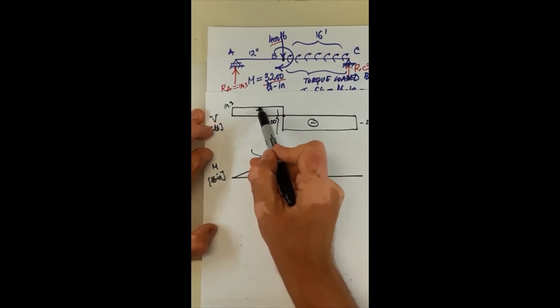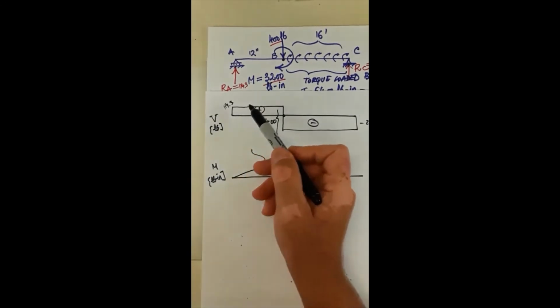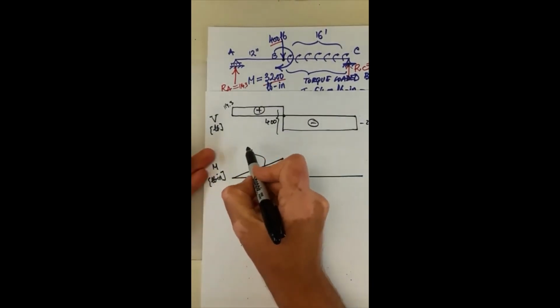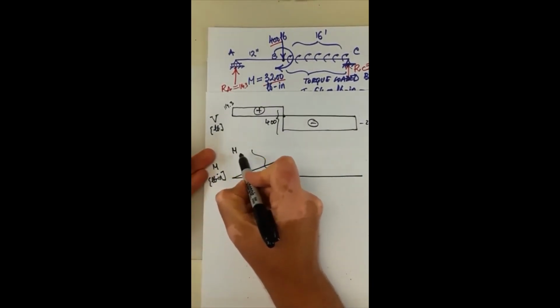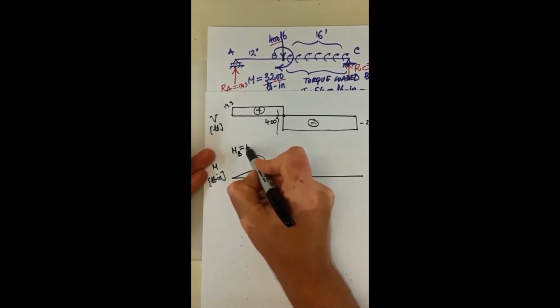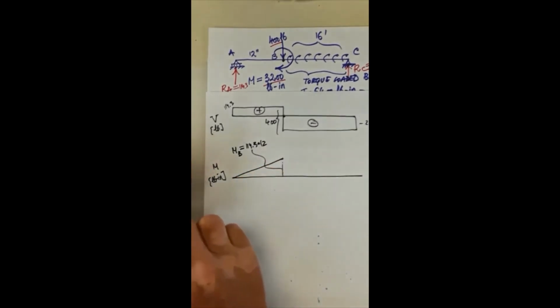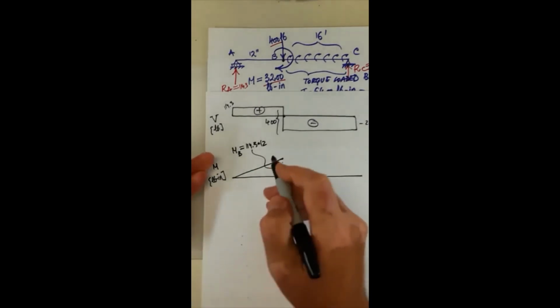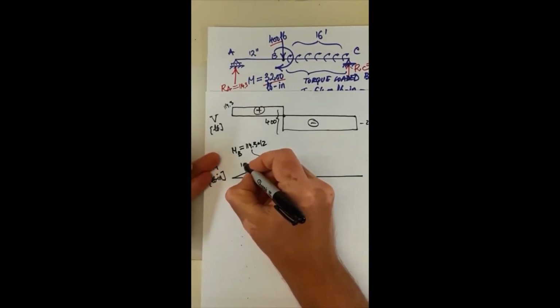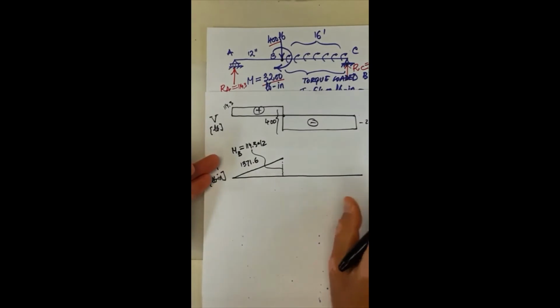It's going to be this area, 114.3 times 12. So the bending moment at B, area, 114.3 times 12, is 1,371.6 pound-inch. And then it goes to 0.